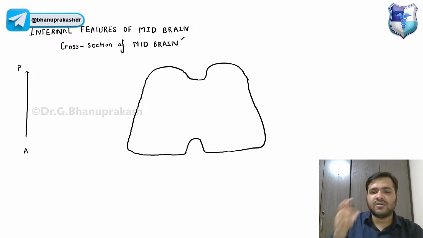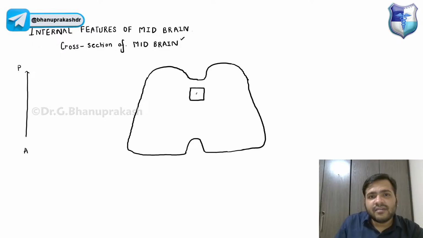We have a central gray matter, and in it, as I have told you, there is a duct present, and that is called the cerebral aqueduct.